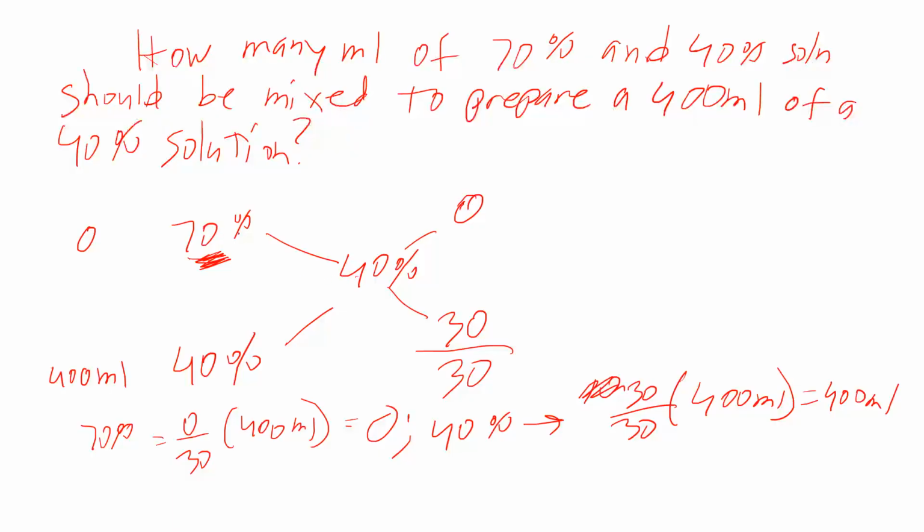You can't mix a higher concentration and the same concentration and get 40%, right? That makes just no sense. So 70% is nothing, and 40% is all of it. That's 400 mils of 40%. Okay? All right, and I think that should do it.